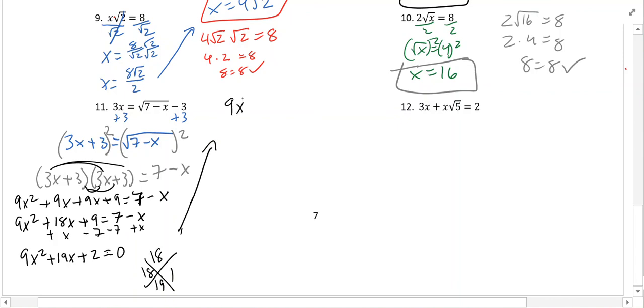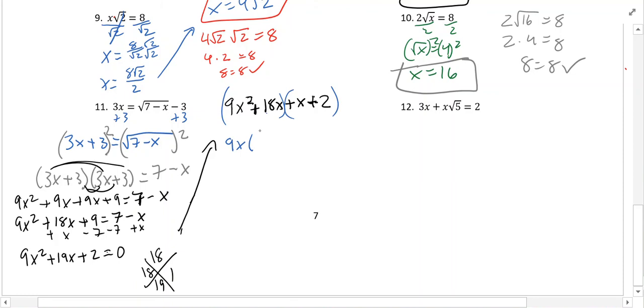So we say 9x squared plus 18x plus 1x plus 2. Okay, so then you want to group. We group the first two, we group the second two, and we factor out GCFs. The GCF here is 9x.